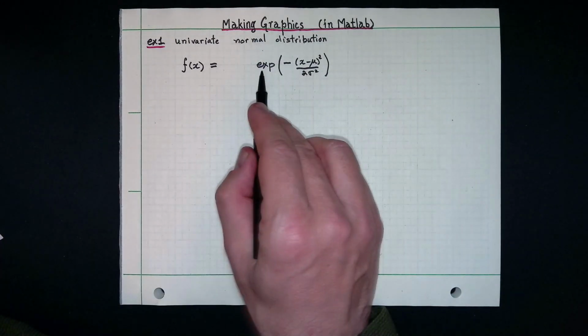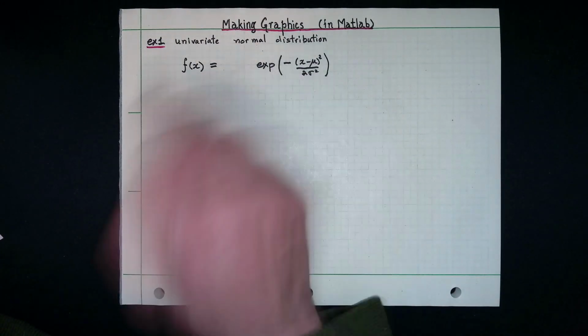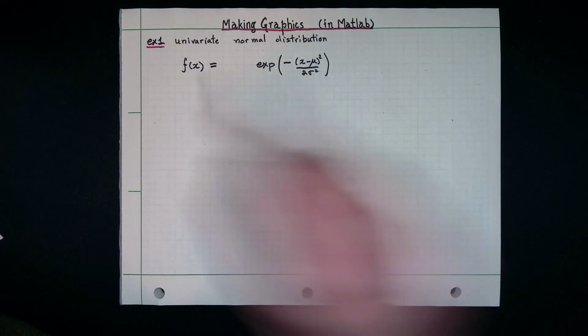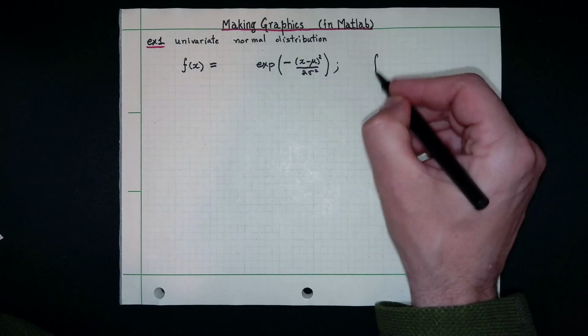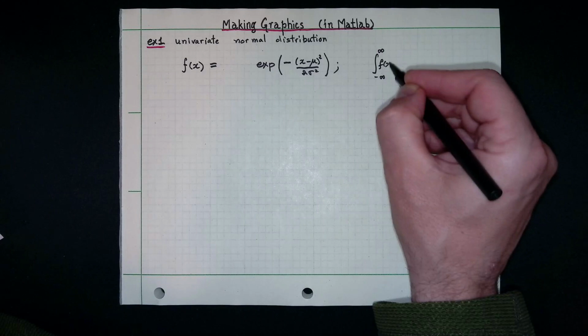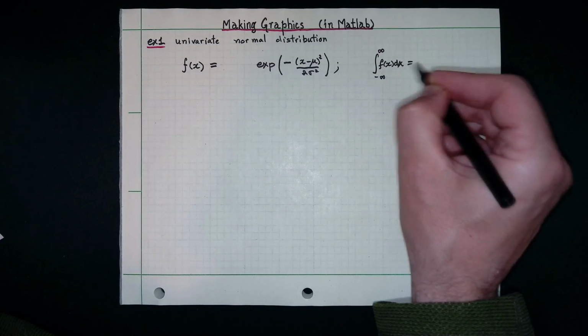And if it's going to be a univariate normal distribution, it needs to be normalized, and that means that we want the integral from minus infinity to infinity of f of x dx to be equal to 1.